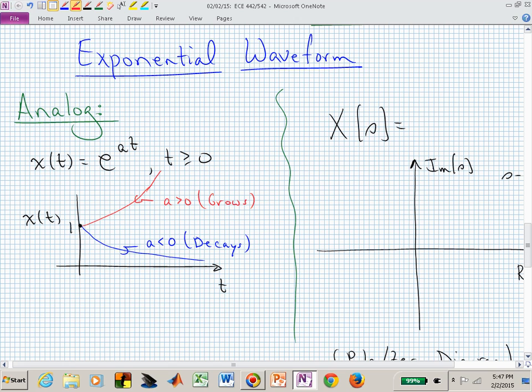And if you don't, then you need to go back and either rederive it or convince yourself of what that is. Or maybe you're more familiar with Laplace transforming e to the minus 2t. What would that look like in capital X of S?